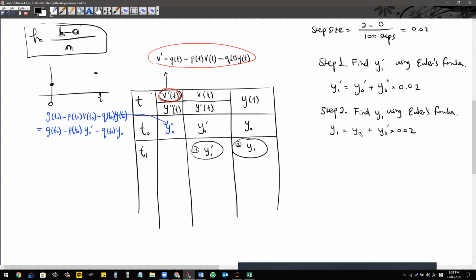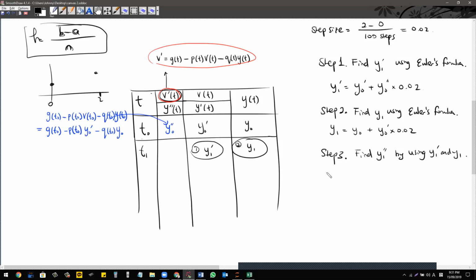So using Euler's formula, you do that, and then step 3 would be to find this one, find y1 double dash by using y1 dash and y1, okay?